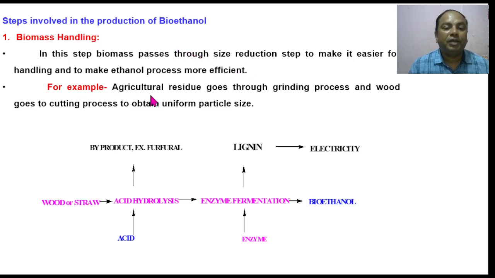So if agricultural residue is used as a raw material for the production of bioethanol, then it should be ground into smaller pieces. And if it is wood, then it should be cut down into smaller, uniform particle size, so that it becomes easy for us to handle such material.